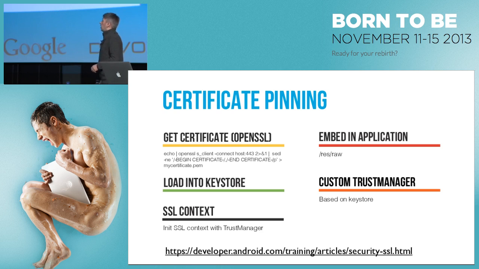Very quickly, how you can go about it. If you don't have the certificate on your computer already, you can, of course, always download it with OpenSSL. Then you need to convert it, most of the time you will have it in a PEM form. You will need to transform it into a Bouncy Castle container, because that's easy for Android. You just embed it in your raw directory of your app. Then you load it in a key store.